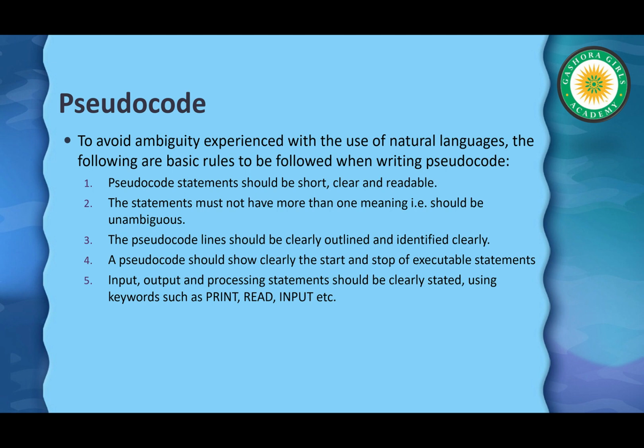The pseudocode lines should be clearly outlined and identified clearly. A pseudocode should show clearly the start and the stop of executable statements. So you have to mention the beginning and the end of your statements.